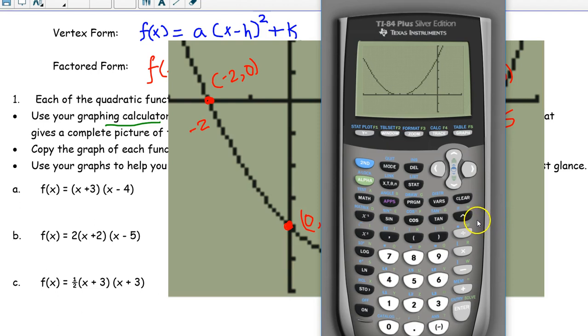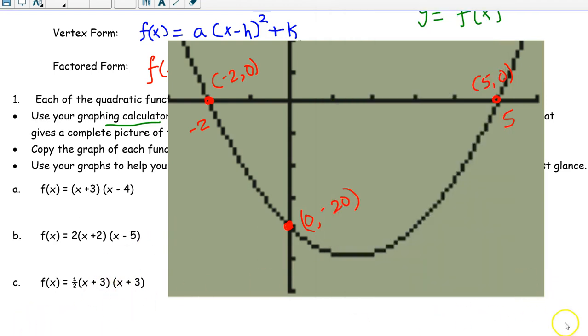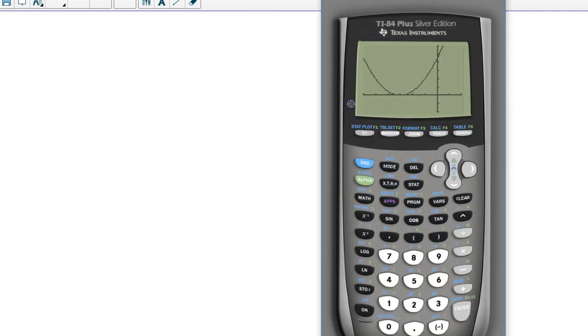Right. So this graph gives us some information regarding the function f of x equal to 1/2 times x plus 3 times x plus 3. So I'll go to the next page, and in that we'll draw the graph.